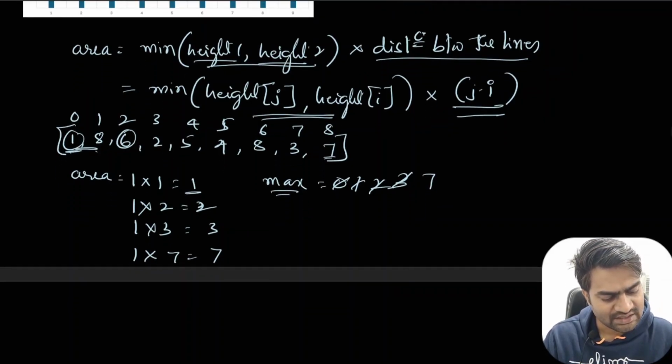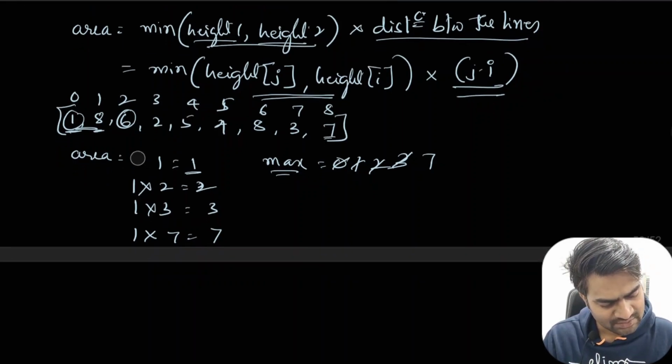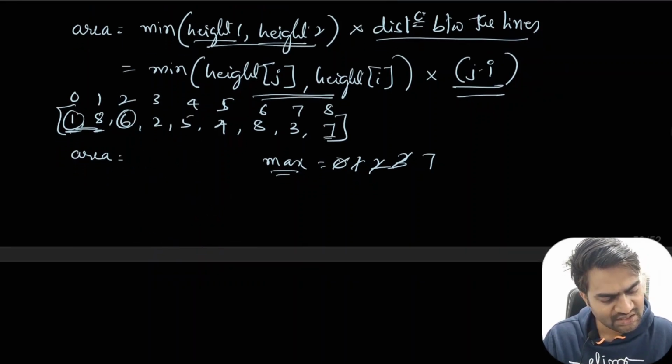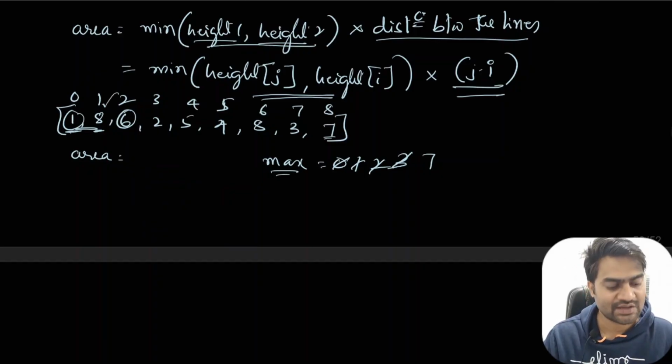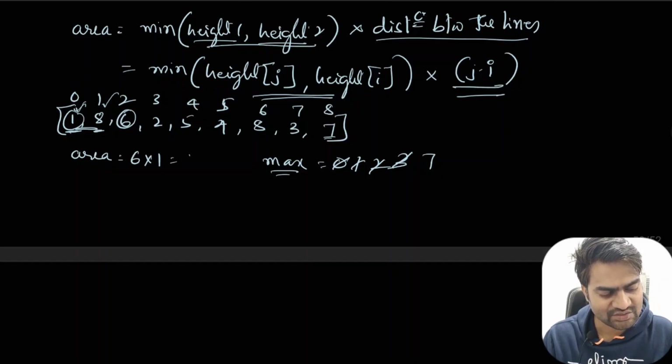Now I will repeat that with the next value. Okay, now I will remove this part. Now if you see, I have 8. Okay, I have done already this with 1, so there is no need to do it with 1. So I will only consider the further values. Now out of 8 and 6, minimum is 6 and distance is 1. So max area is 6.